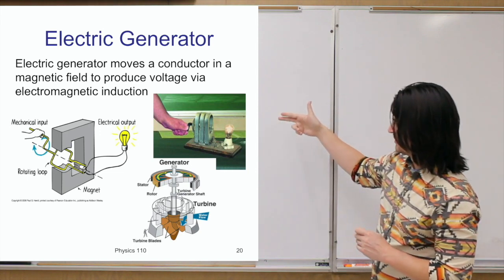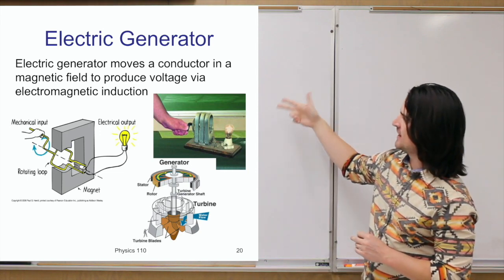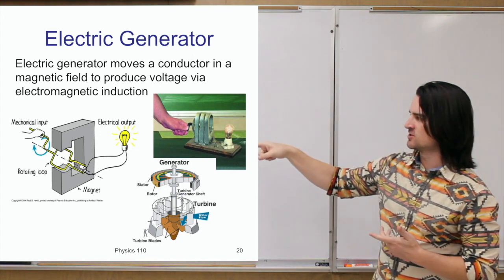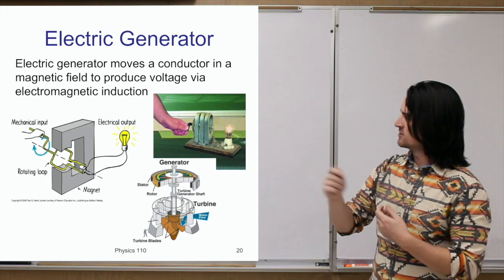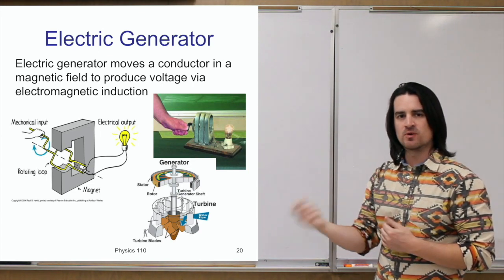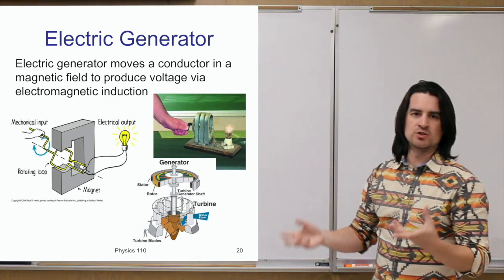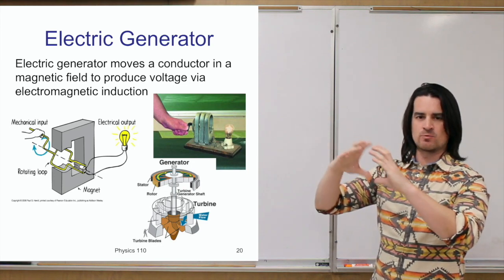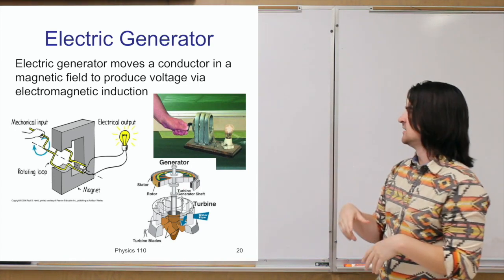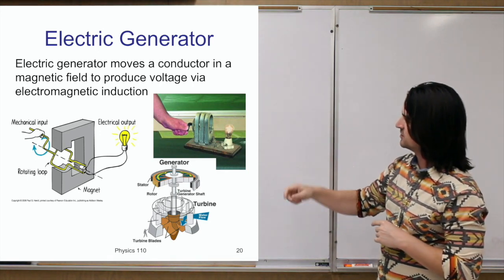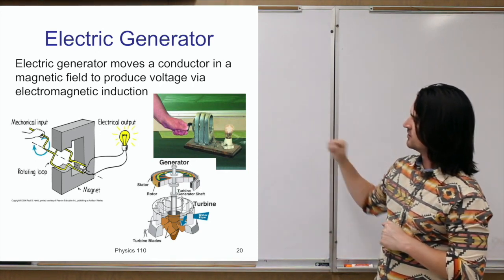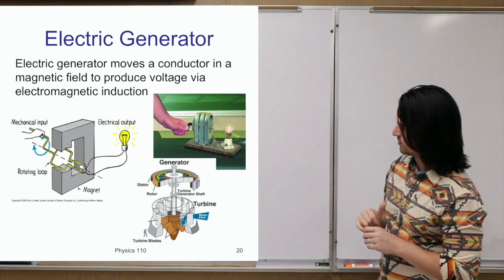Here we're showing a hand crank, where it's essentially the same idea. All you have is a crank, but that crank is either rotating loops of wire, or alternatively you could have big loops of wire around a magnet and spin the magnet around. So you're spinning loops of wire inside a magnetic field, and that generates a current that then lights this light bulb.